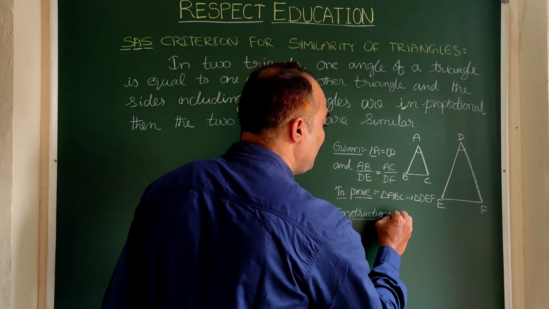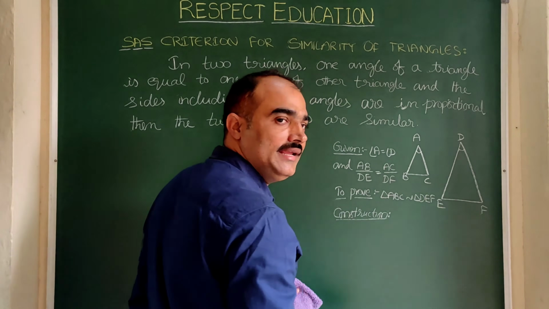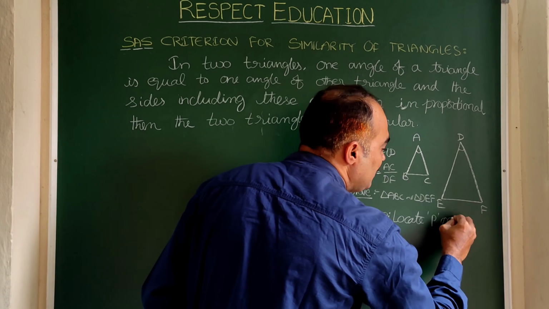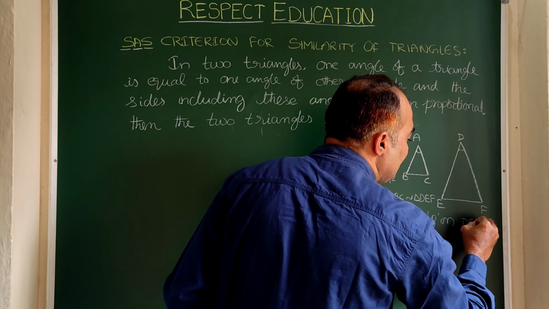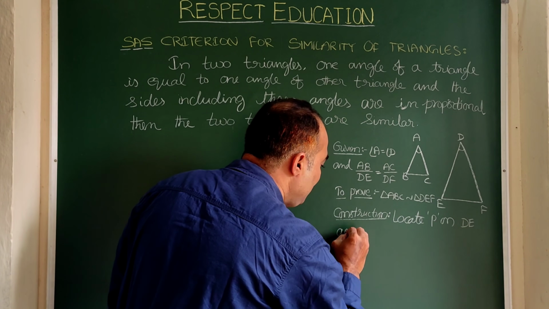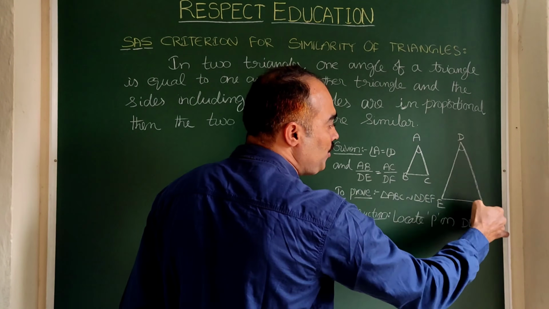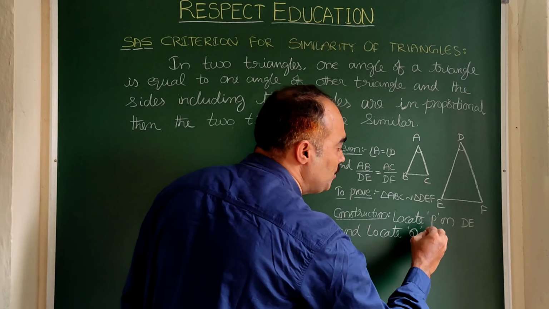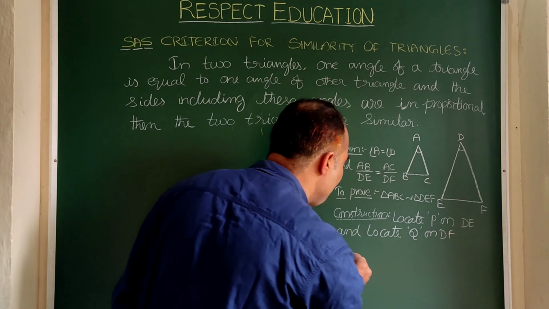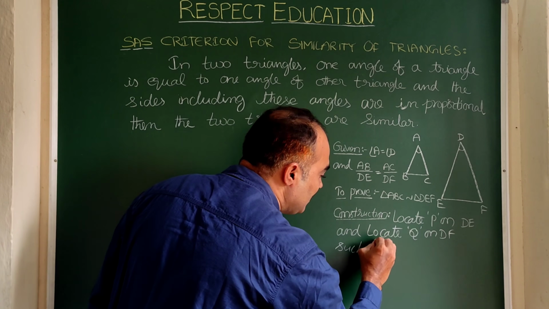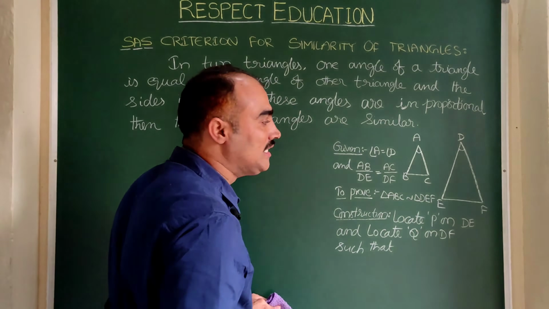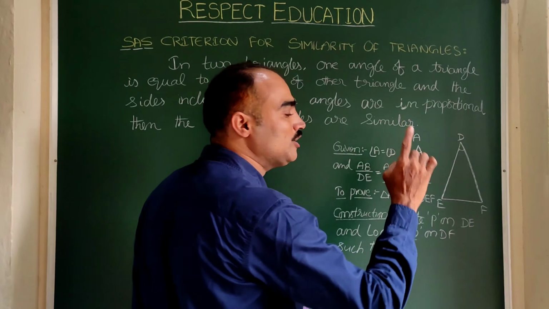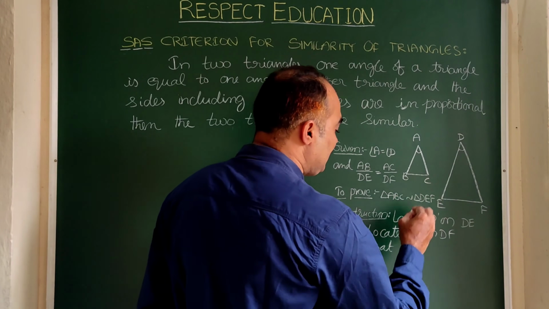Construction is: locate P on DE, means on the side DE, and locate another point Q on DF such that, here location in the sense wherever we want, we should not take P and Q on D and E respectively. We should not take like that. Here the condition is there.